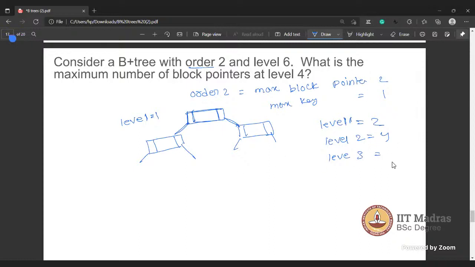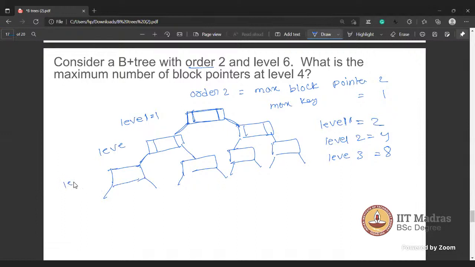No, 8. Level 3: 1, 2, 3, 4, 5, 6, 7, 8. You will get 8, right? Obviously, you got it. Yes, sir.